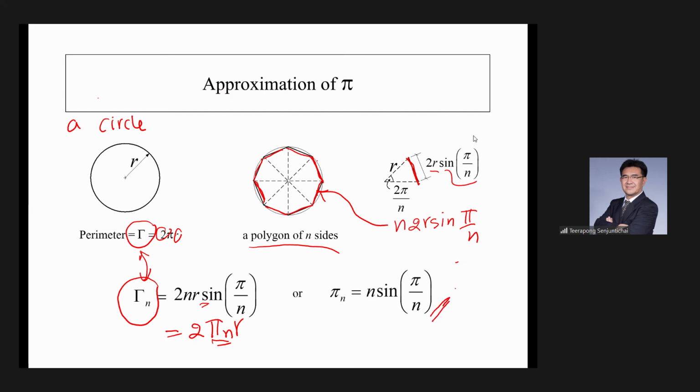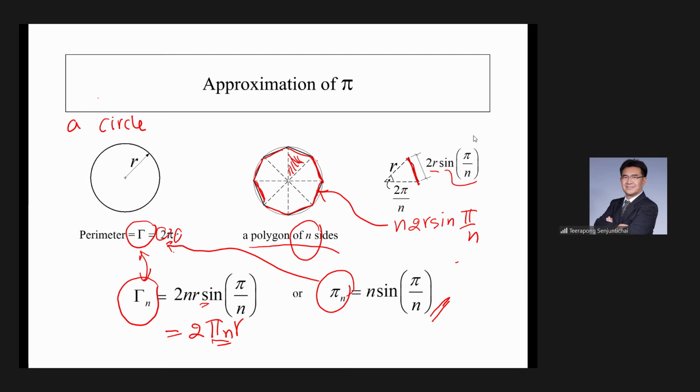What I'm going to show you is if you increase the number n, that means you discretize this circle using more triangular areas, or increase the size of this polygon, pi n should approach pi. Okay, pi n should approach pi.